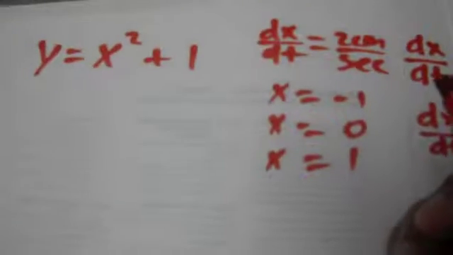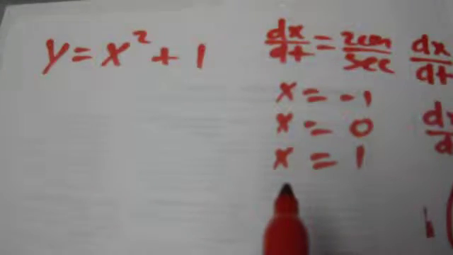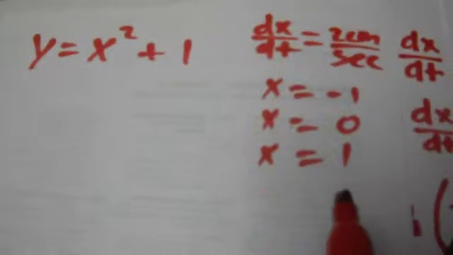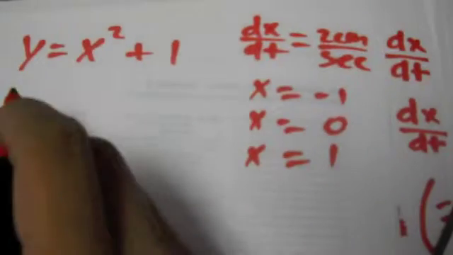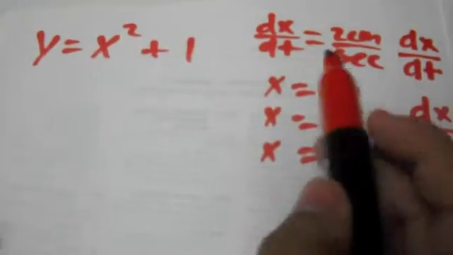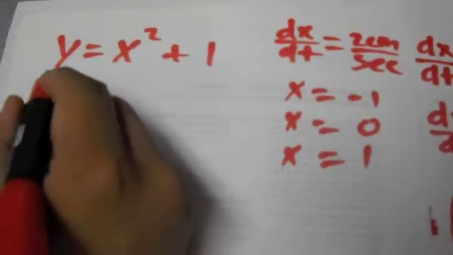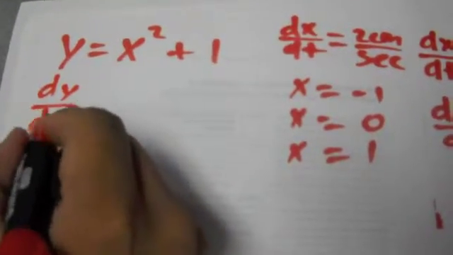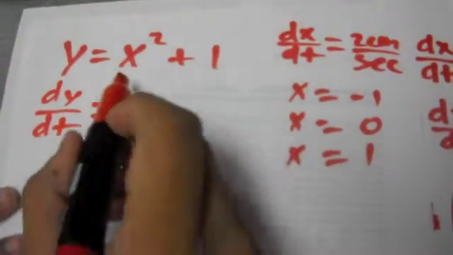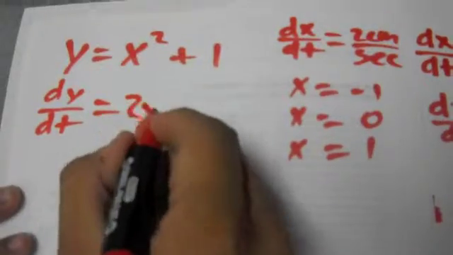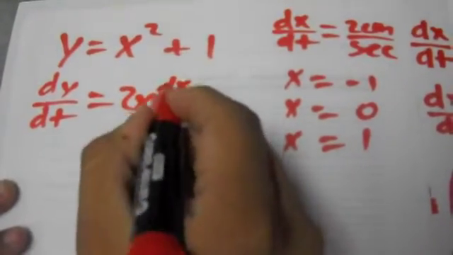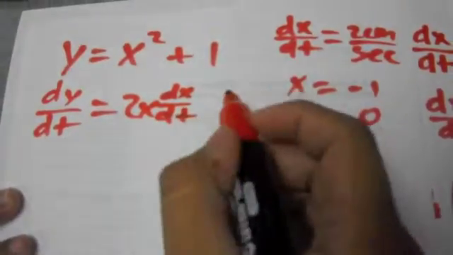In this problem, we have y equals x squared plus 1. The first thing you're going to do is find the derivative of y with respect to t. So we're going to rewrite this as dy over dt, and then find the derivative of the right side, which is 2x dx over dt.